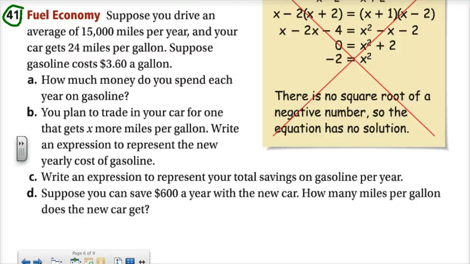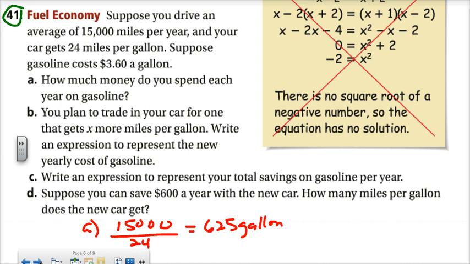Okay, well, let's think about this. They've got miles up there, and then they have miles per gallon. And if you take miles and you divide it by miles per gallon, that gets you how many gallons? So for A, if we take the 15,000 and divide it by the 24, that will get us 625 gallons.